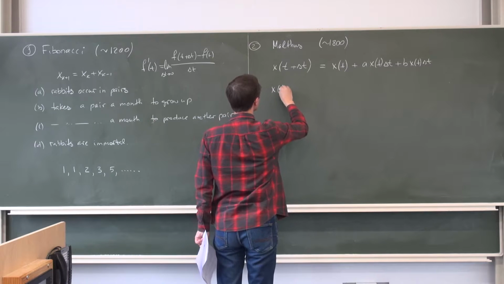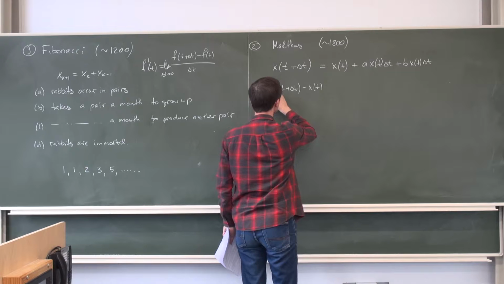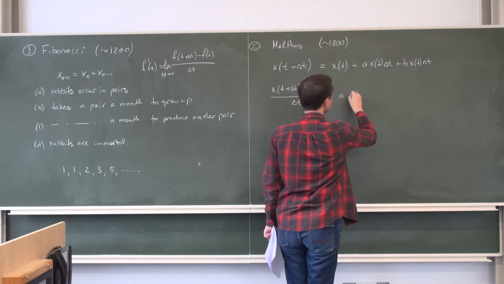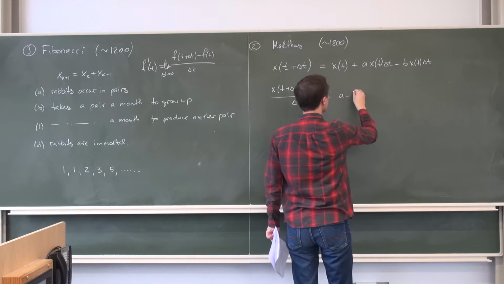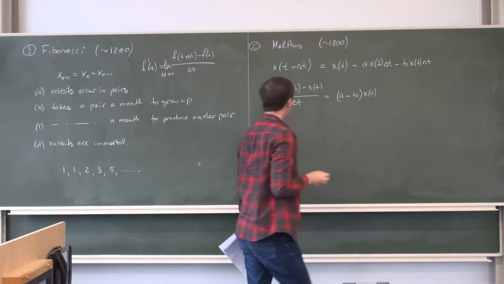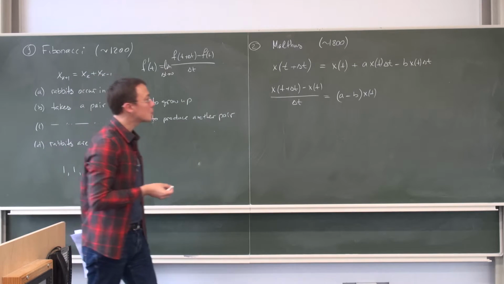So x of t plus delta t minus x of t over delta t is a, and this should actually be minus, a minus b x of t. Well, nice. Why don't we make the interval small?